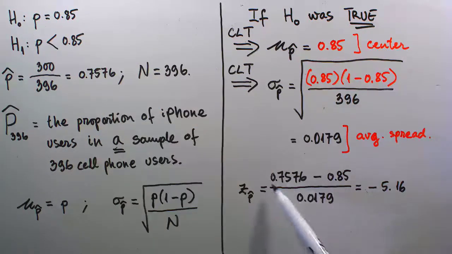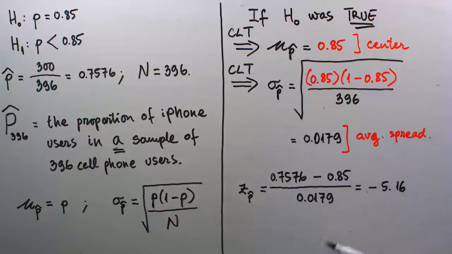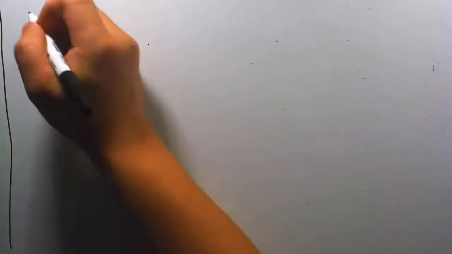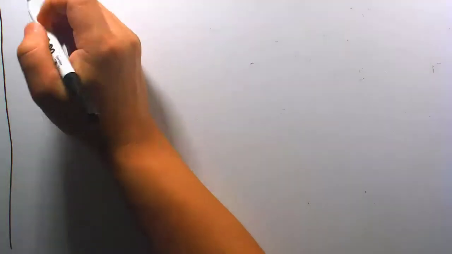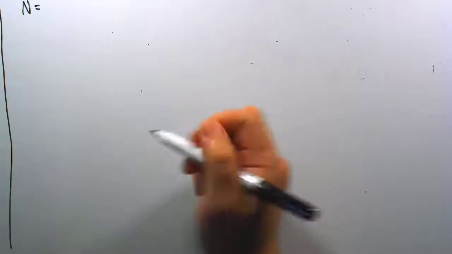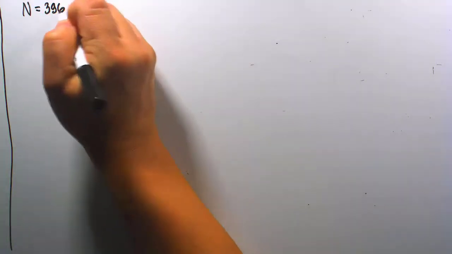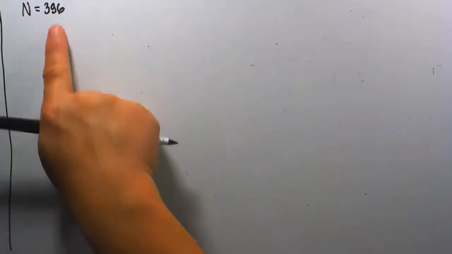So the sample is reflecting some reality that's already lower than the value being claimed in the null hypothesis. On the other hand, the sample size that we are using in our current sample right here is as large as 396. So there are 396 cell phone users in our sample.